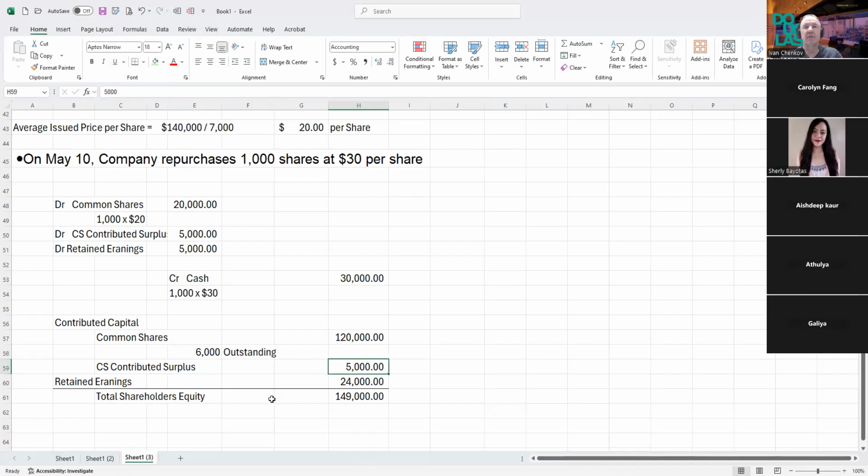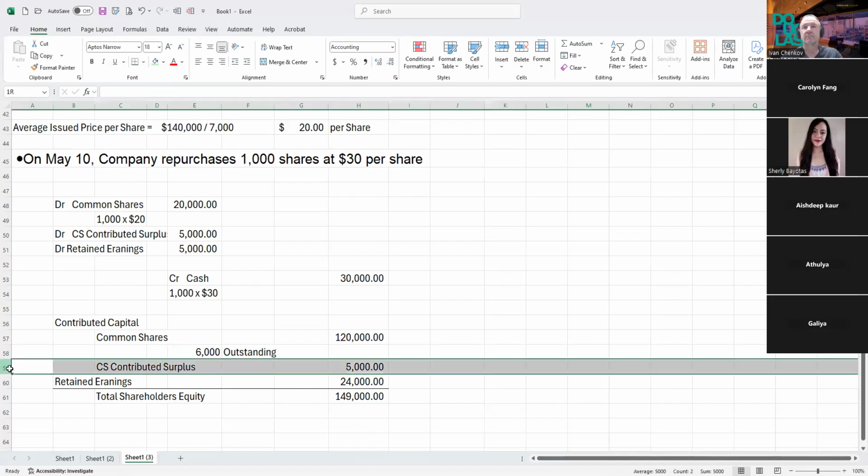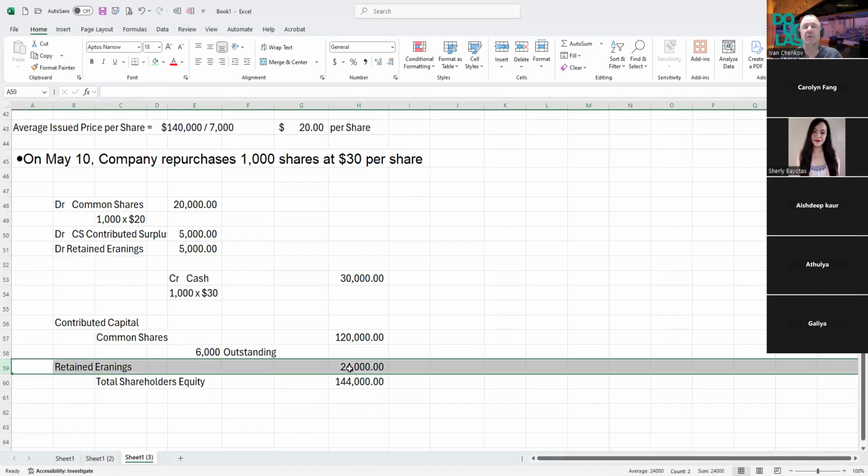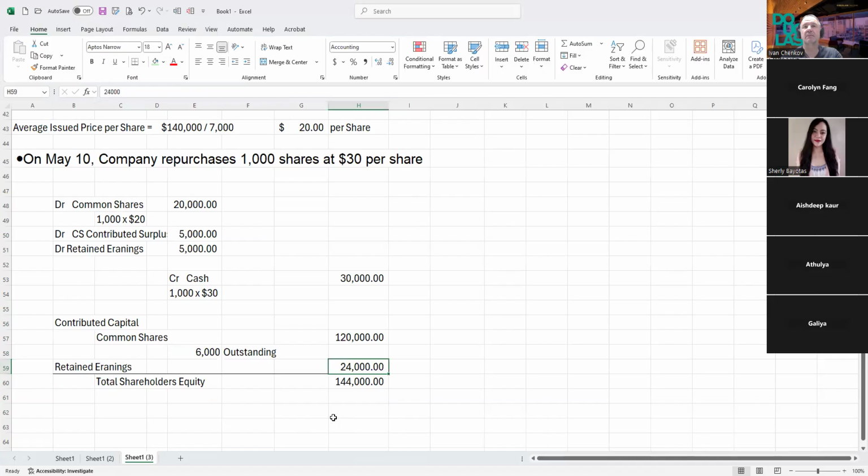What happened with the contributed surplus? It's 0. That will disappear. I don't have it anymore. How about the retained earnings? Are they going up or down? Think about it. We're debiting retained earnings, so down. It's going to be 24 minus 5,000.